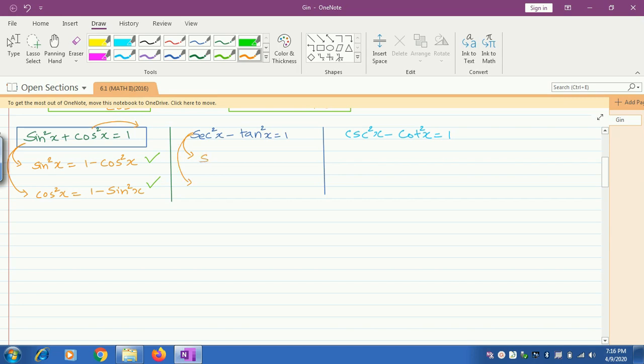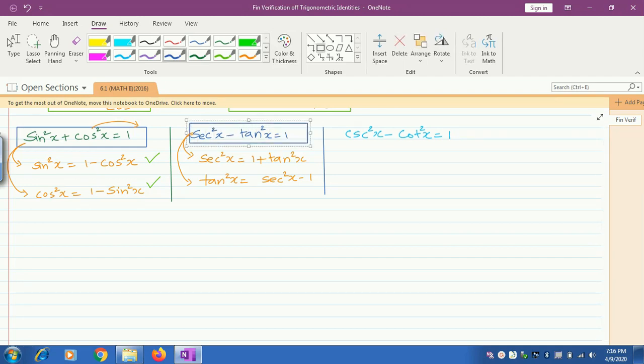Similarly, we will do the same story here. Suppose I fix sec square x, bring the tan here, it becomes 1 plus tan square, and tan square x is equal to sec square x minus 1. So these are the basic rules. Using one identity, I can prove two.